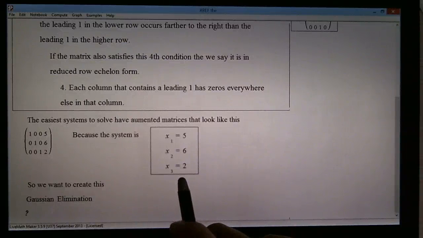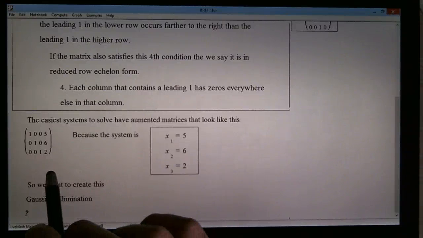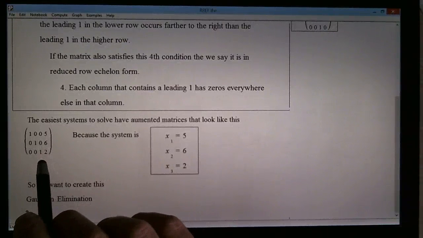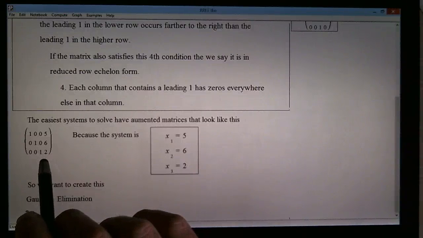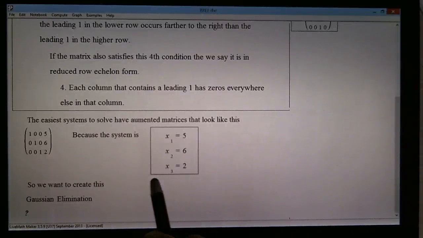So it's going to behoove us to be able to take a system, turn it into an augmented matrix, use some row operations to turn our augmented matrix into one that looks like this in row echelon or reduced row echelon form, and then have a system that's a lot easier to solve than the one that we started with. So the question is, how do we do that?